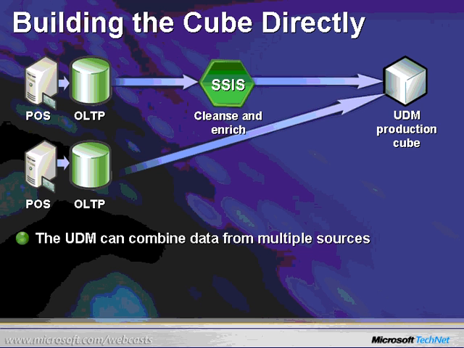And so in this case, when we're just combining data from multiple sources, we're able to simplify the architecture even further and build the cube and source it directly from one or more relational databases. This architecture requires that at least one of the underlying sources be SQL Server, because we are using the distributed query processing capabilities of SQL Server.